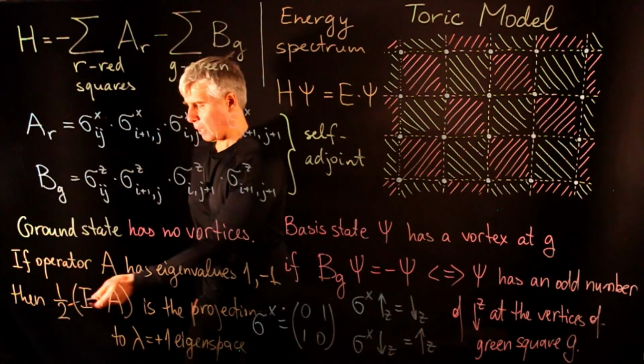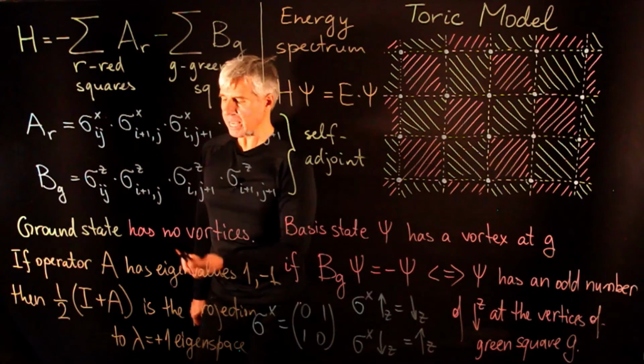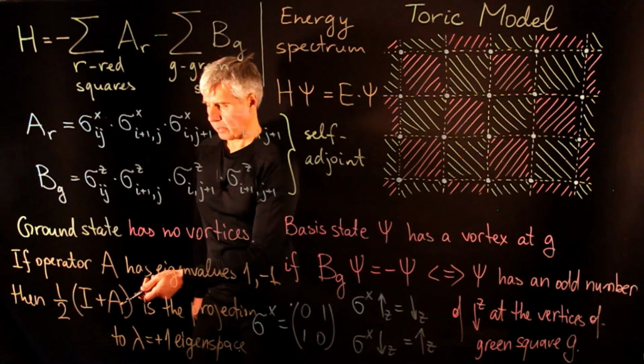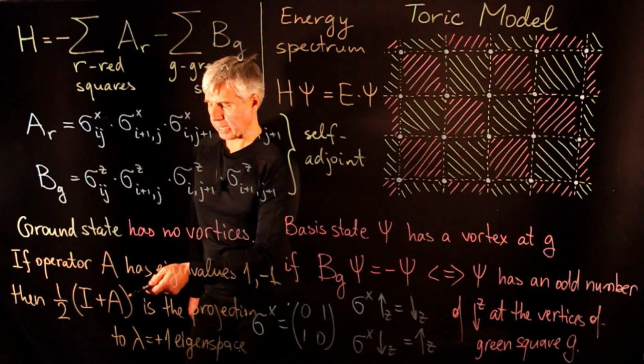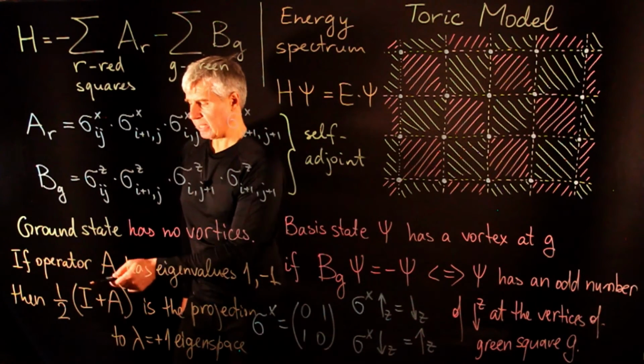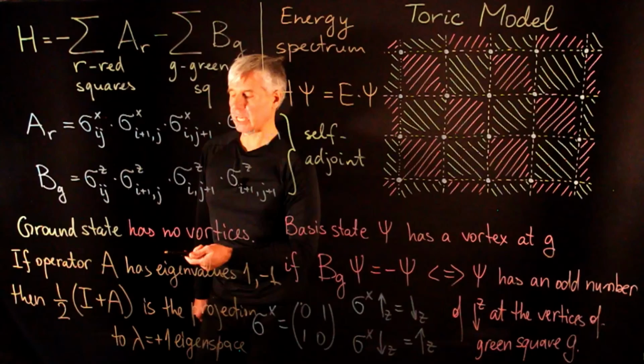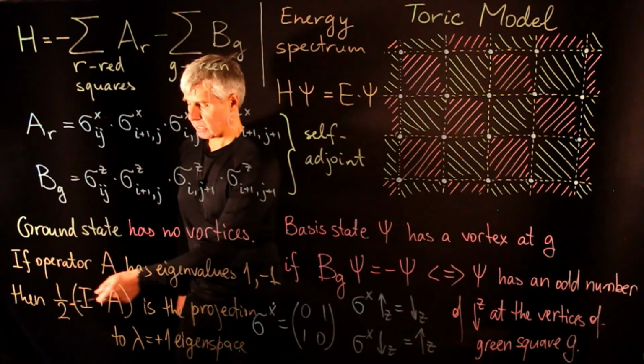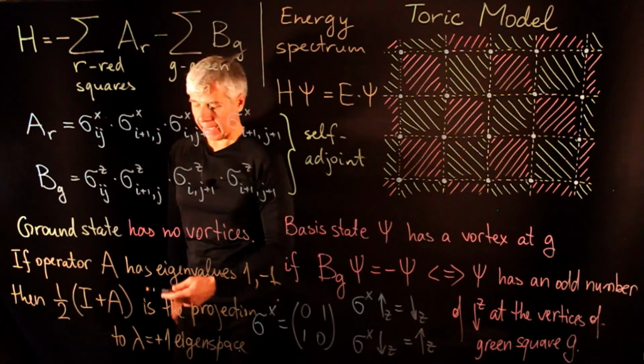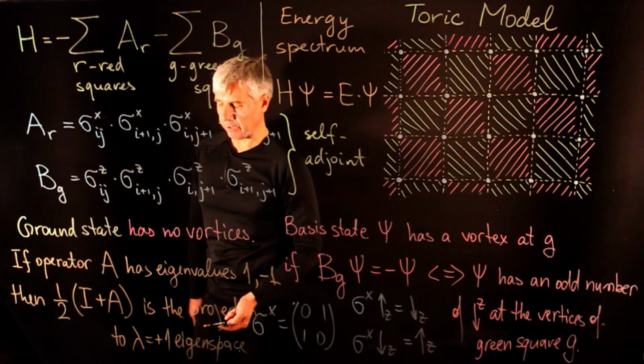Indeed, if we apply this operator to -1 eigenvector, then A will multiply it by -1, but identity operator will multiply it by +1. And as a result, this operator will kill every -1 eigenvector.